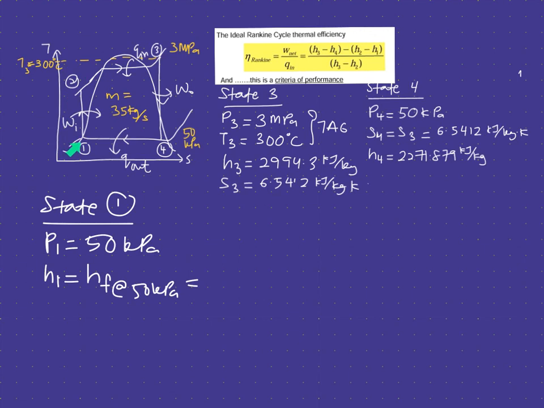Your pump ideally can only work with fluid. It shouldn't have any mixture of gas inside your pump. So ideally your pump needs to work in the fluid phase. So H1 is at saturated liquid for 50 kilopascal, and because the pressure is given, you will read this directly from your property table, which is table A5.